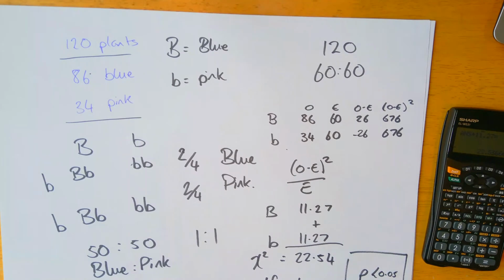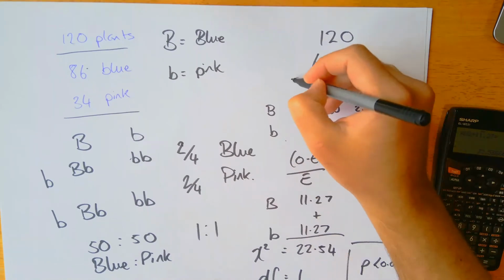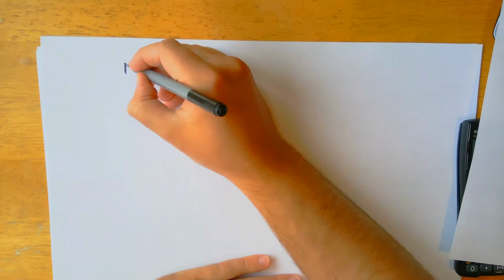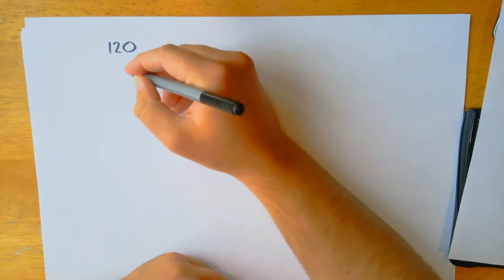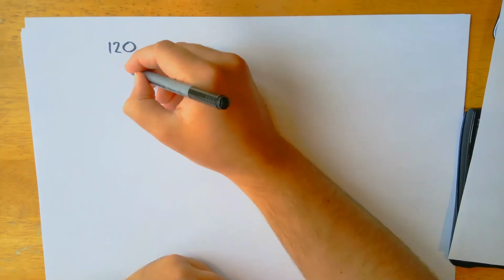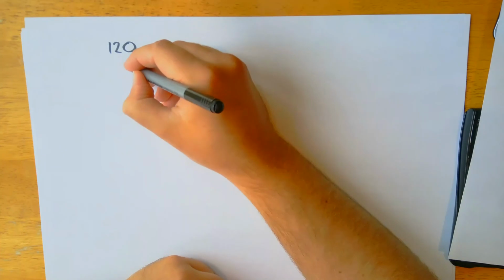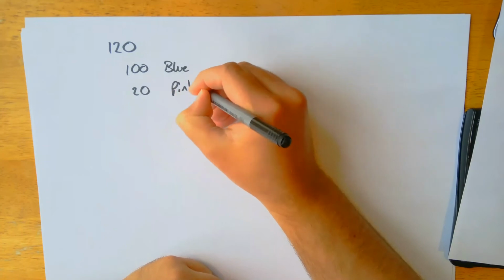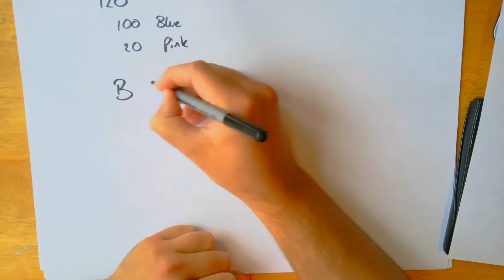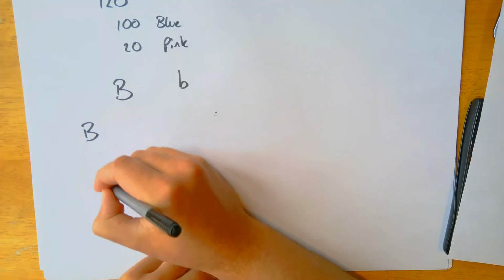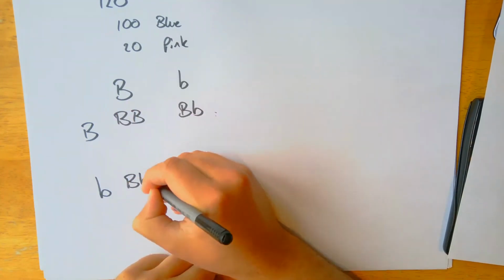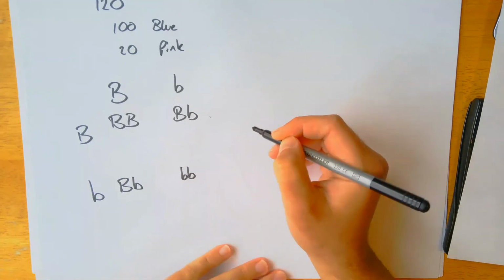So if what I think is right, the trouble that we're having is with figuring out something a little bit more complicated. So let's say the same thing. 120 plants, and we had 100 blue and 20 pink, and we had 2 heterozygous parents using the same code that we were using last time.